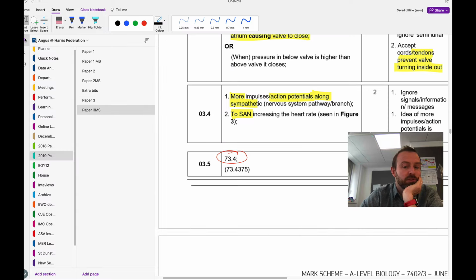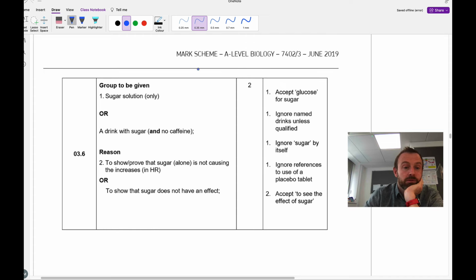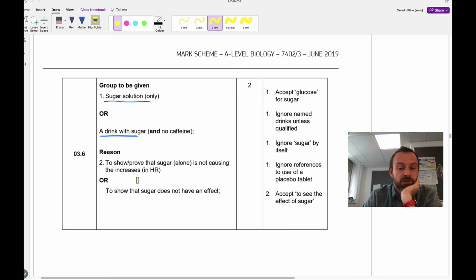They love that language, for comparison. So sugar solution only, or a drink with sugar and no caffeine, to prove that sugar alone is not causing the increase in HR, or to see the effect of sugar on its own, I think.